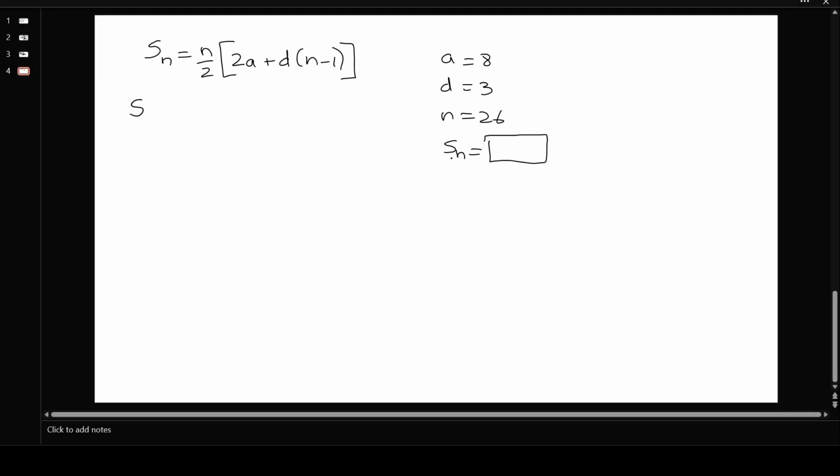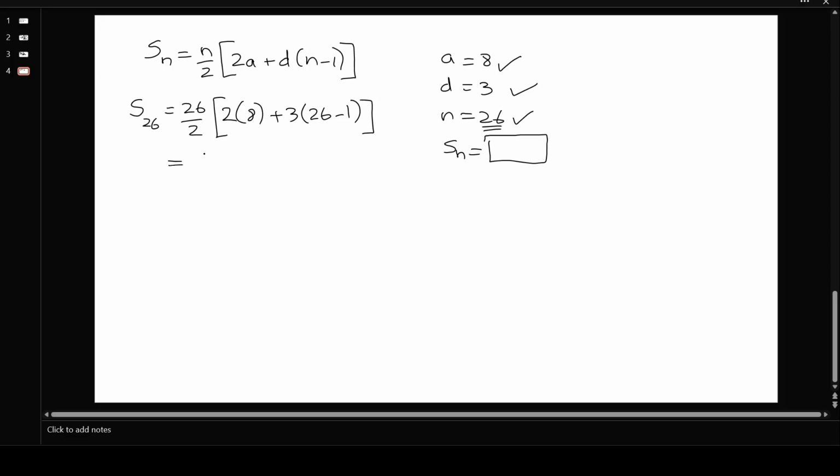I can replace this n with 26, since I know n is 26. S26 means I'm trying to find the sum of the first 26 terms. I'm going to plug this 26 into the n, so 26 divided by 2. Then I plug this a, which is 8, into a, and the 3 into d, and the 26 into n again.